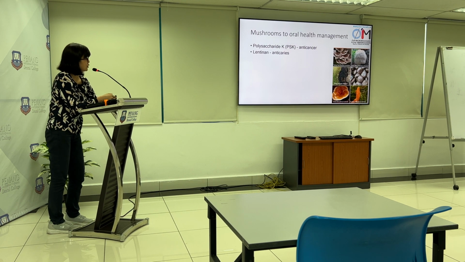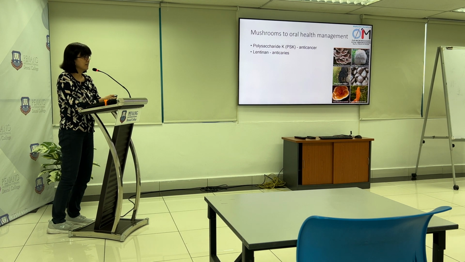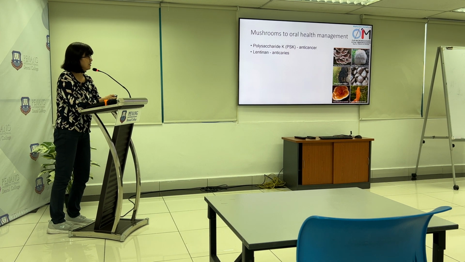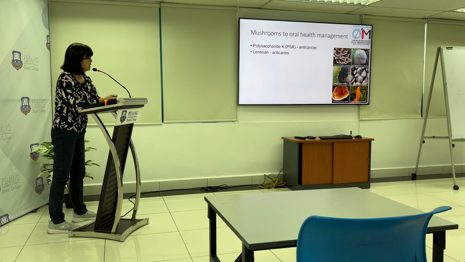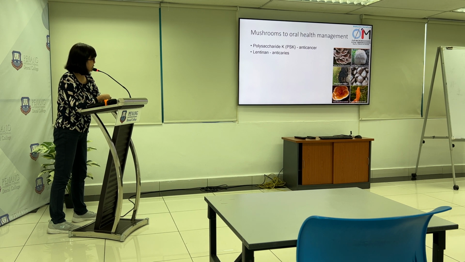And then mushroom. Mushroom is also, besides giving general effect on general health, it's also been used in anti-cancer treatment, because there is this property called lentinan. Lentinan is for anti-caries.